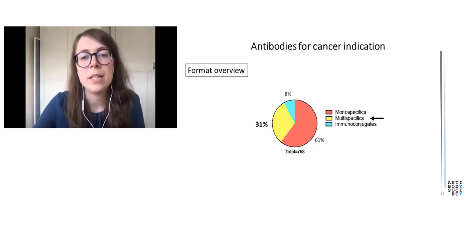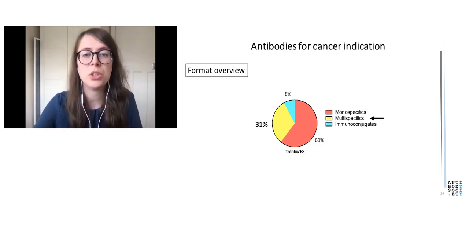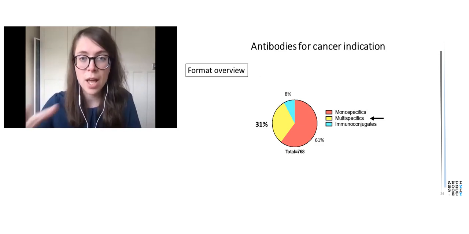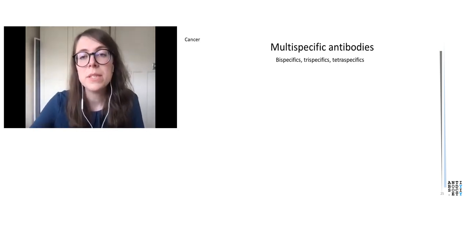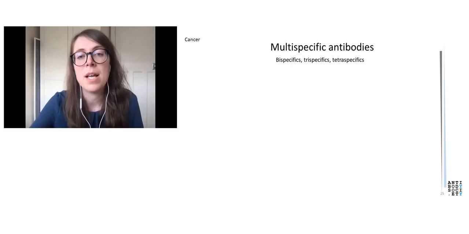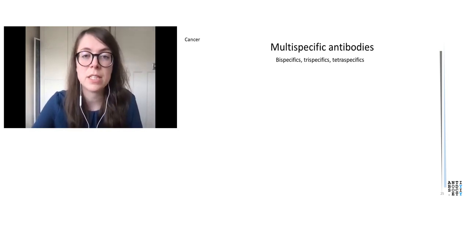And now we'll move to the second group of antibodies for cancer indication, which is multispecific and accounts for a third of the whole cancer indication early stage pipeline. Multispecific antibodies comprise bispecifics, trispecifics, tetraspecifics, but most of them are bispecifics, 88%.